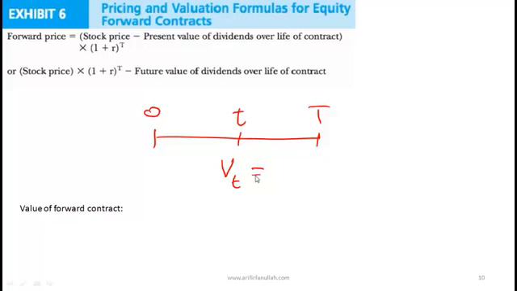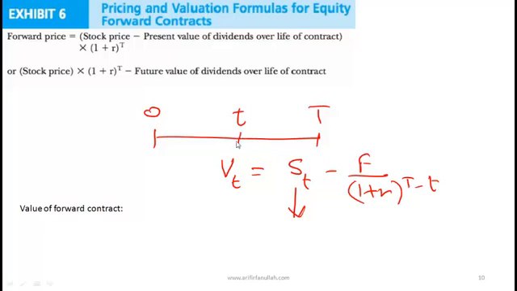Now again, the way I suggest you memorize this is, you say value at time t. Remember that same formula from before. It was S_t minus the forward rate, whatever the forward contract, divided by 1 plus r to the power of T minus t.